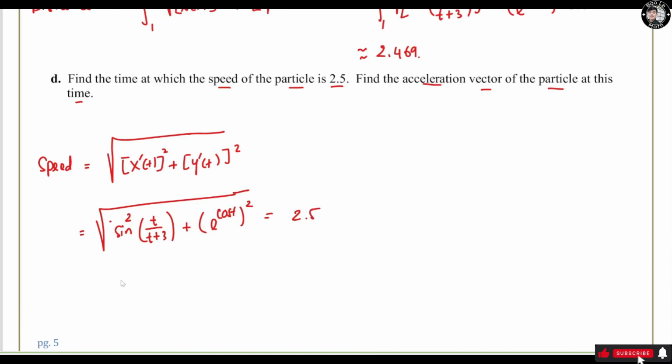Now we're going to square both sides, so we have sine squared of t over (t plus 3) squared plus e to the cosine t, and when you square, it's going to be 2 right here, equals 6.25, right? Now we're going to graph these two on the graphing calculator and find the intersection, and that's the answer, right?